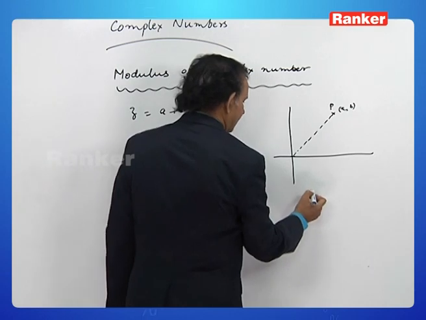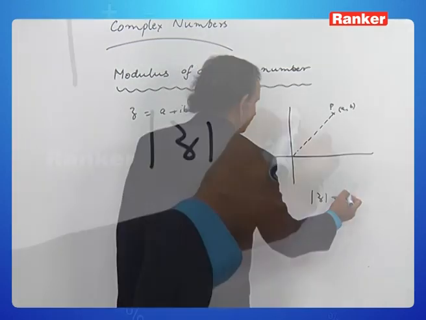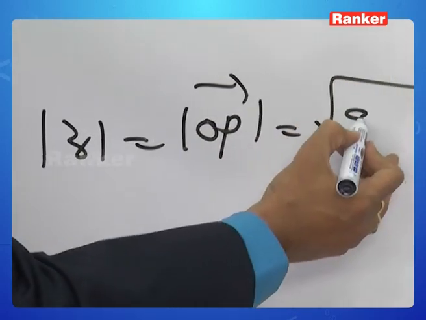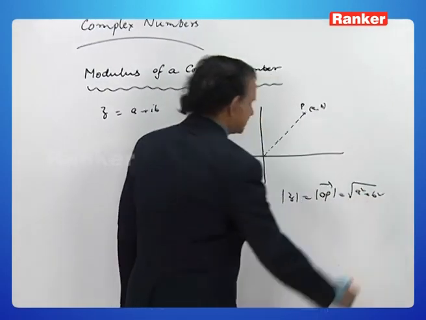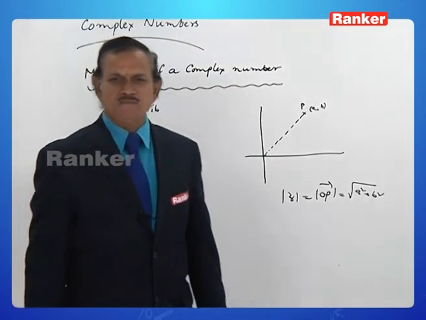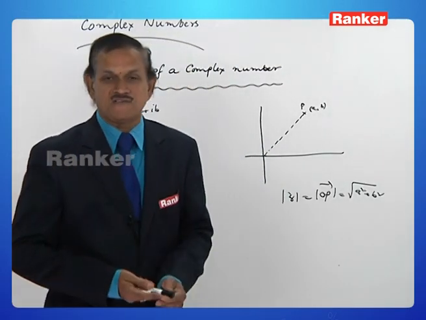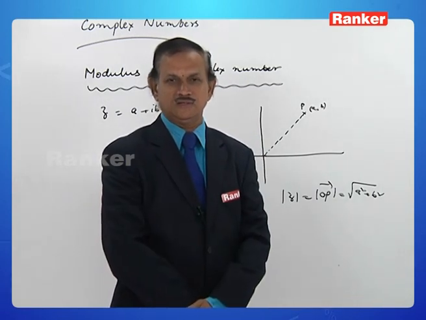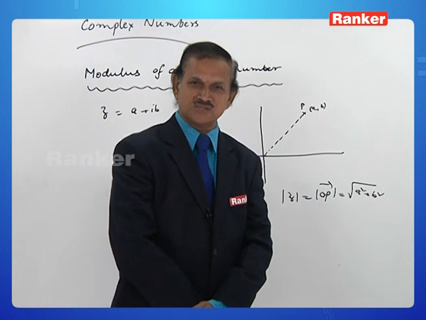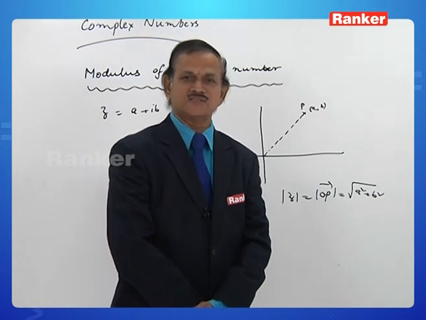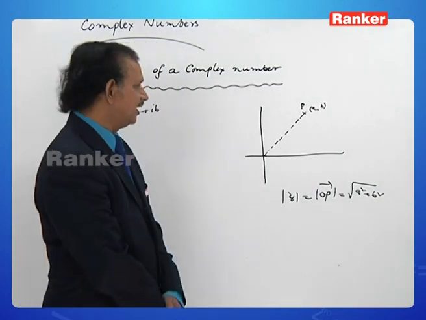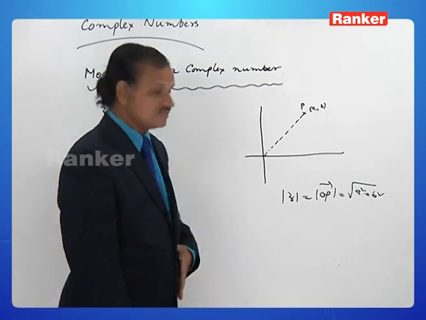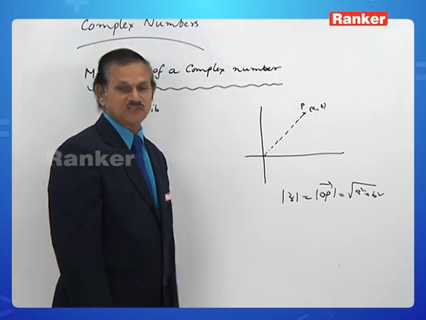If you call this point P, mod z is equal to mod OP bar, which is the square root of a square plus b square. Whatever the number system, the modulus of a number is nothing but the distance from the origin. If z is a complex number, mod z is the distance of that complex number, represented as a point in the plane, from the origin: root of a square plus b square.